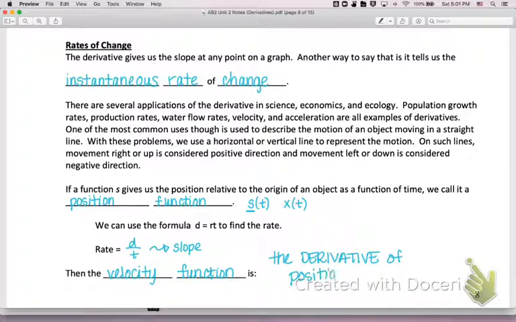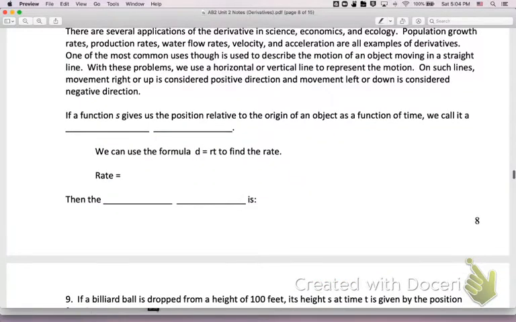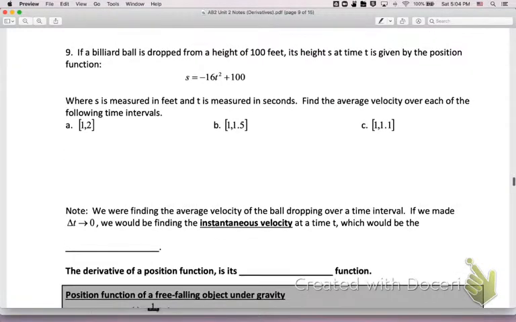This is where being able to come up with that derivative function is really important. If I know my position function, S of t, then I know that S prime of t is going to be equal to my velocity function, V of t, which is really kind of nice. So that's how we find the instantaneous rate of change. Let's go and look at some examples on the next page.